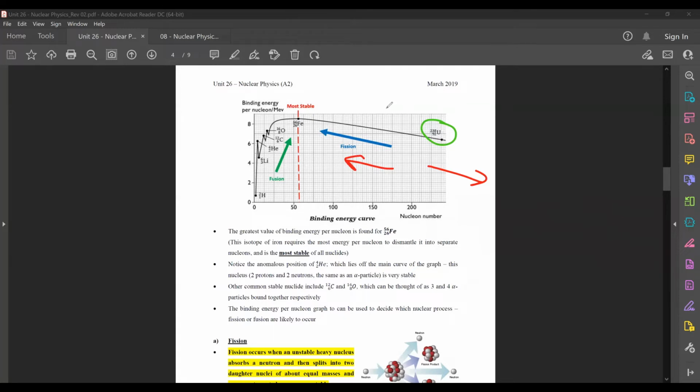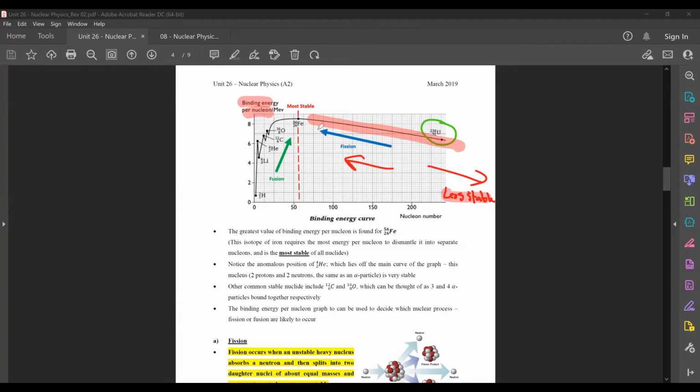For any nuclear reaction, the goal is always to become more stable, right? If I start off with uranium-238 and go down the graph, I'm actually becoming less stable. Because if you follow the curve, if I go down, my binding energy per nucleon is dropping in value. So I'm becoming less stable.